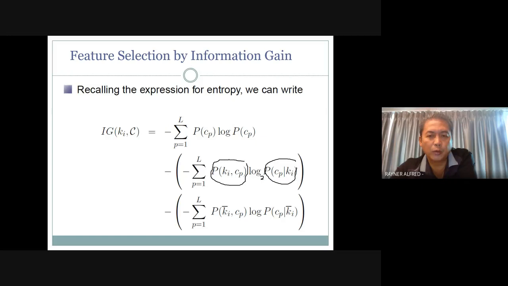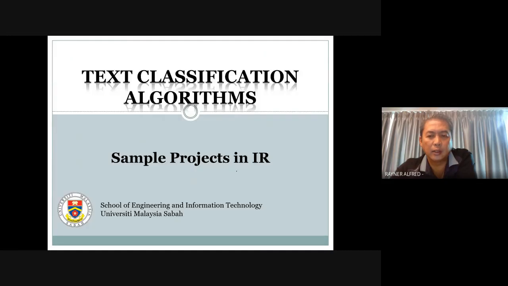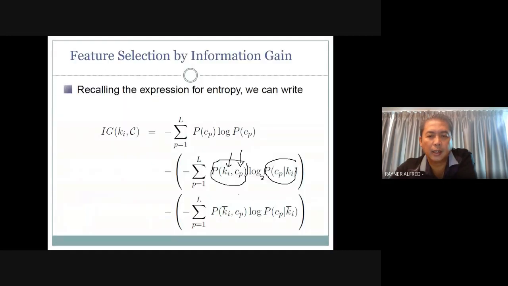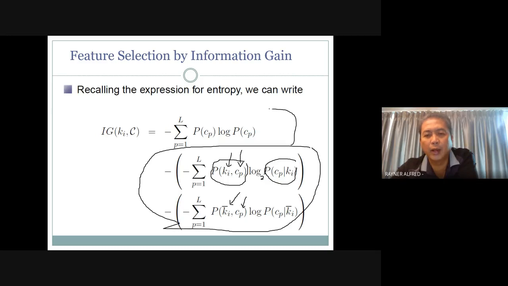Basically, we want to look at the probability of having that keyword in class P, and also the probability of having the other keys, other than key Ki, belonging to that class P. Both of these will be subtracted from the initial one, then we get the IG.